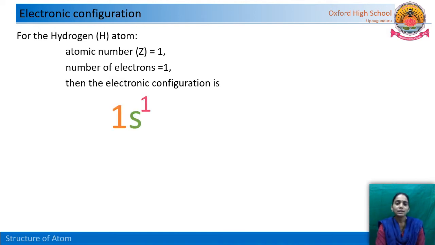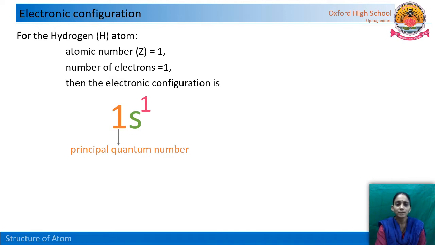And L means n minus 1. So it is 1 minus 1, 0. That means it belongs to the s sublevel or subshell. And how many electrons are there? 1. So 1s1 is the electronic configuration for hydrogen.